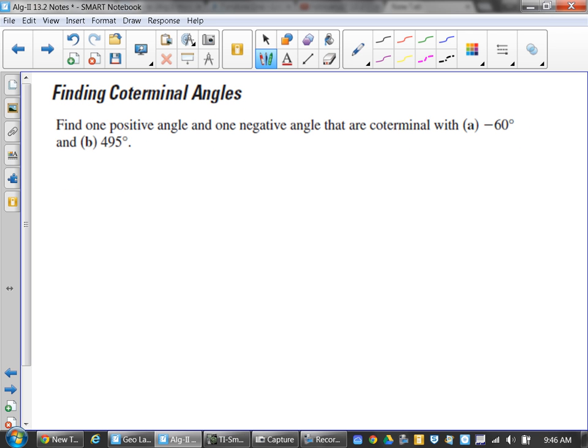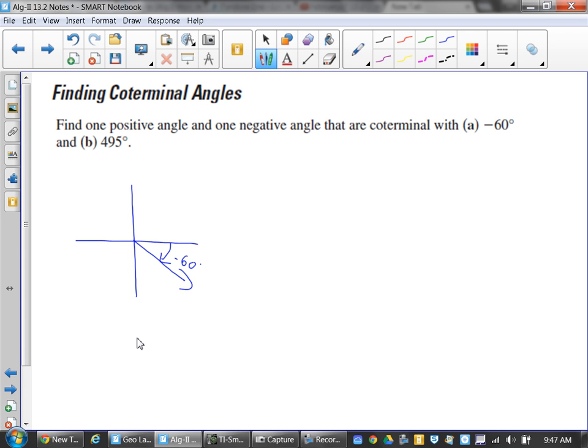Let's look at negative 60 degrees, and then we'll do one at 495. Let's do the negative 60 first. We're going to find a positive and a negative coterminal angle at negative 60 degrees. If I wanted to find a positive coterminal angle to it, what would I have to do to the negative 60?